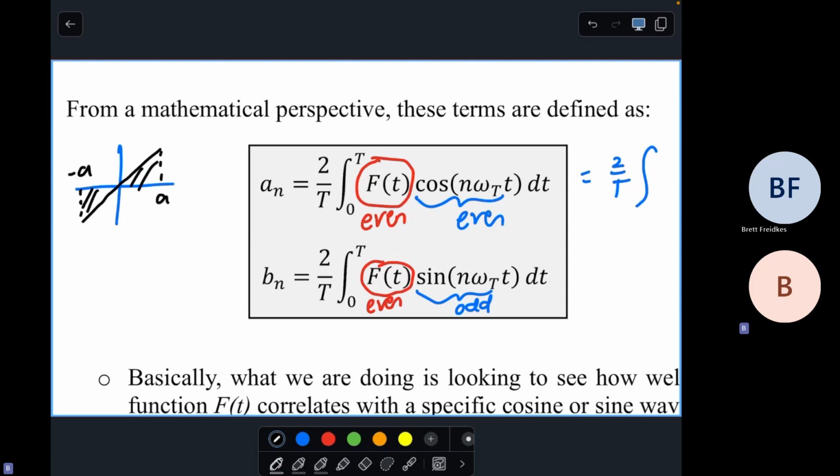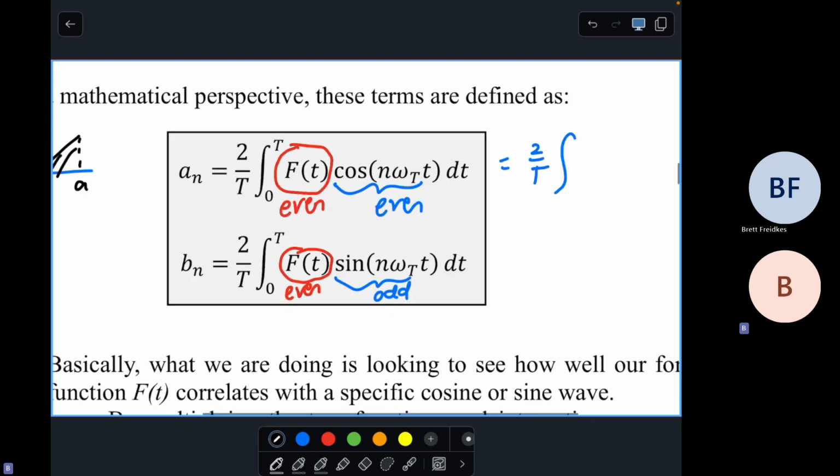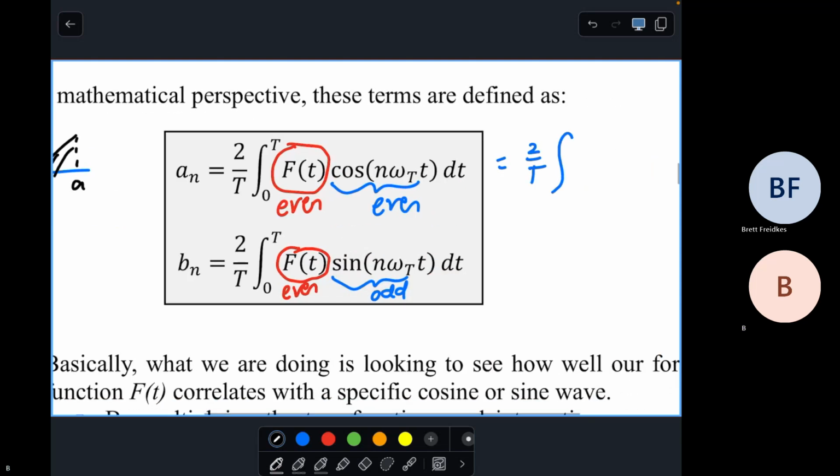So you always have to change the bounds to be symmetric about the y-axis. A lot of times I'll give you problems that are from negative pi to pi, something nice and convenient, right? So if you have even times odd, that'll give us ultimately an odd function, which will be 0.